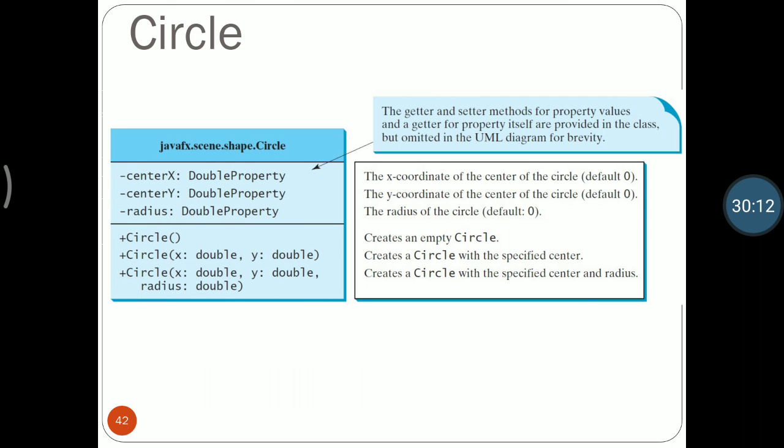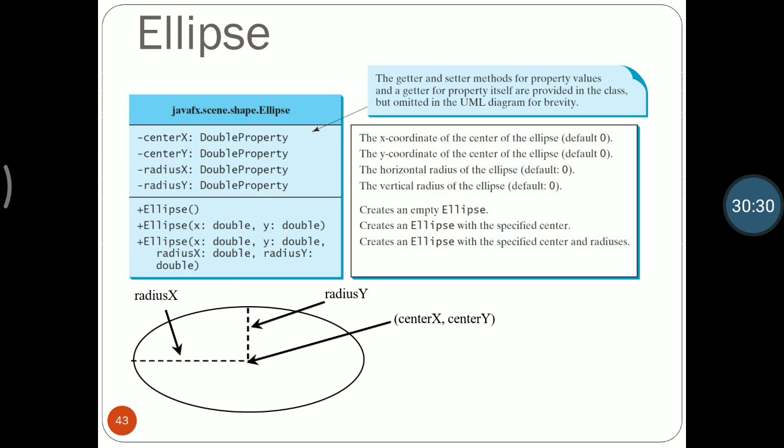Circle shape will have center x, center y and radius parameters. It will have a Circle constructor with x and y, and a Circle constructor with x, y and radius parameters. Ellipse will have center x, center y, radius x, radius y parameters, and an Ellipse constructor with x and y, and an Ellipse constructor with x, y, radius x and radius y.